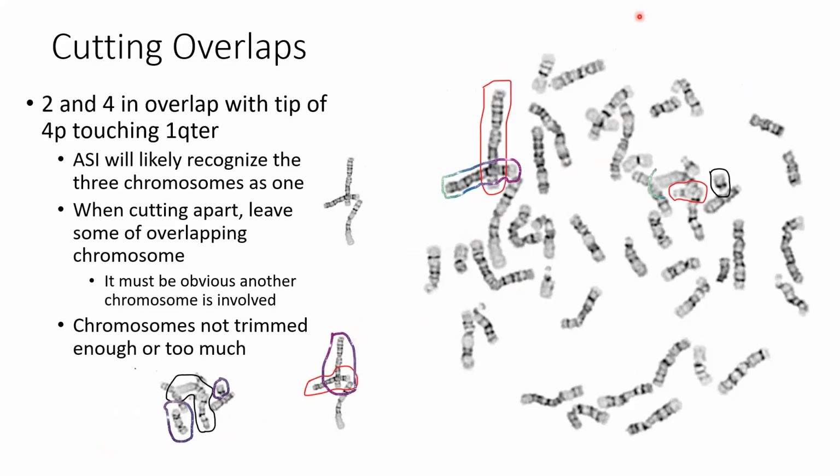You can tell ASI, I want this chromosome cut and I want this chromosome cut. So again, in the overlap, you've actually got the tip of 4p touching 1q ter. So you're going to leave a little bit of space.